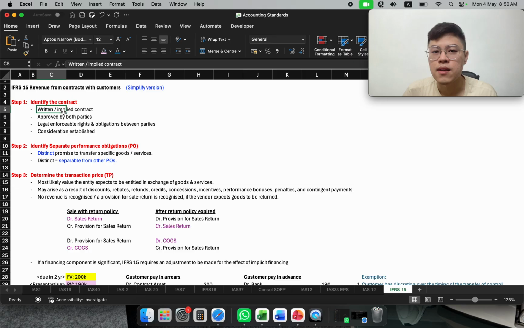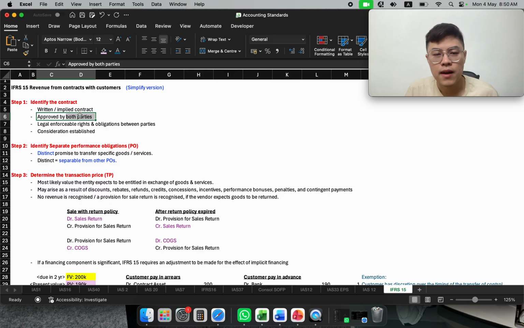In this case, I go to the restaurant and say I want a plate of fried rice. Then the restaurant owner just gives us the fried rice and collects the money from us. This is an implied contract without formal black and white. Both parties must approve.